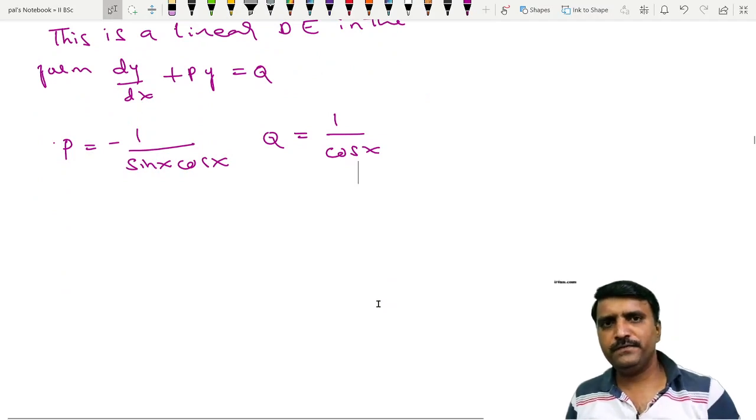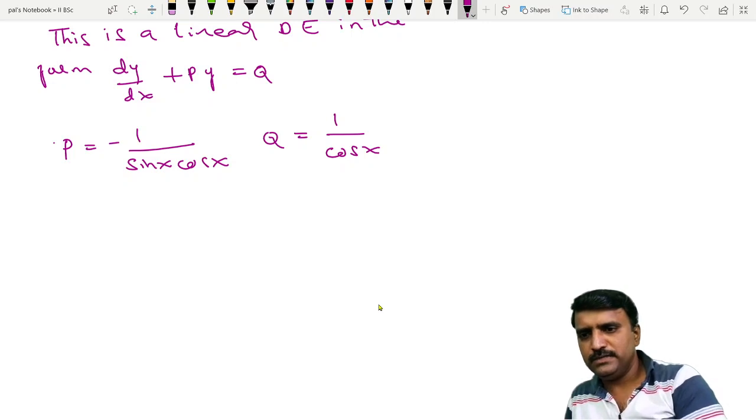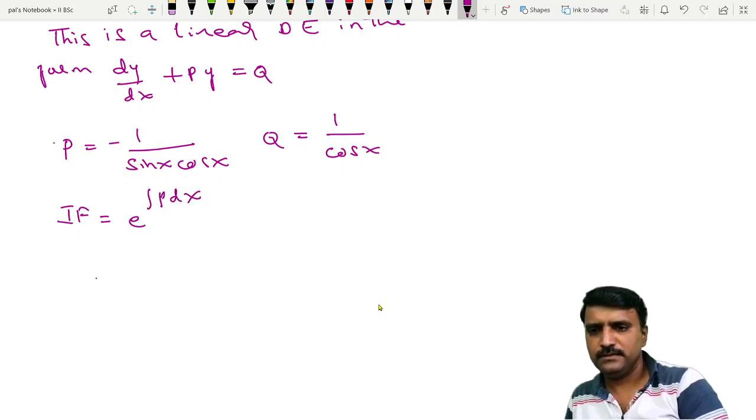Next, we find the integrating factor. As all of you know, the integrating factor formula is IF is equal to e to the power of integration of p dx. What is p here? p is minus 1 by sin x cos x.